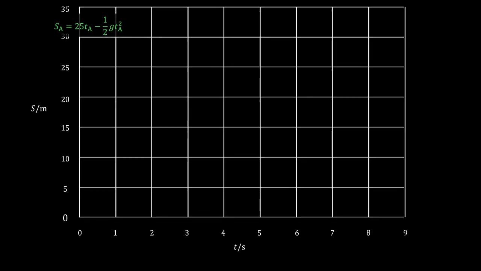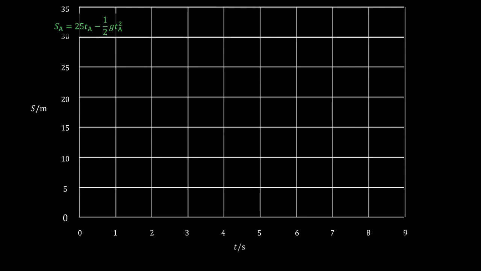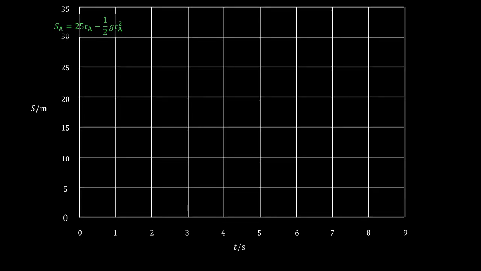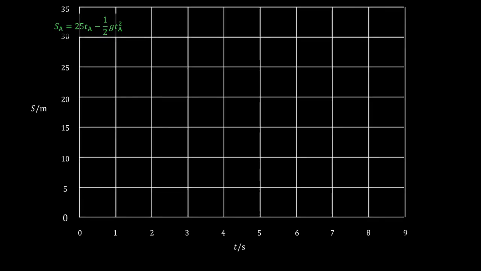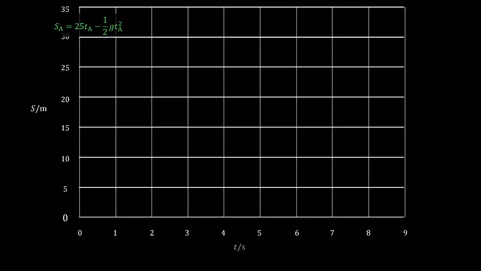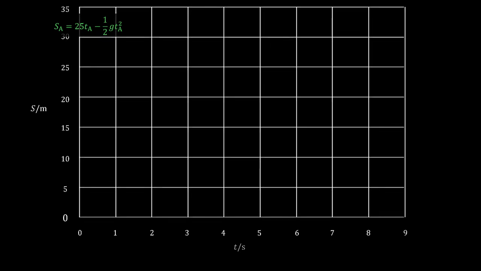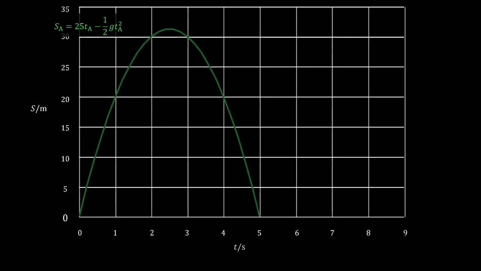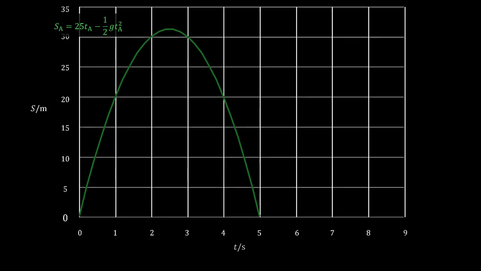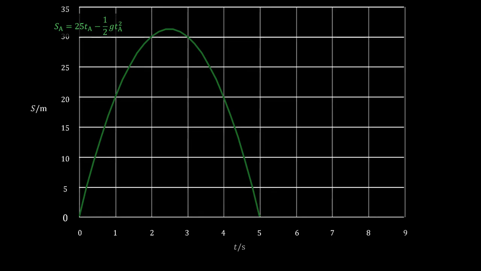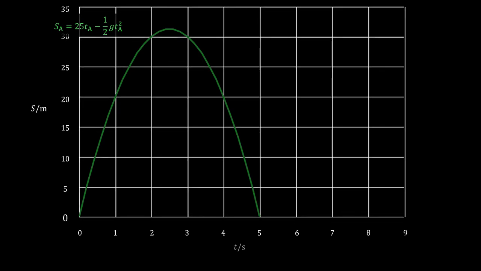If you look at this equation, it is simply a quadratic equation with a maximum, because the coefficient of T_A squared is negative. So this is the quadratic curve for ball A, which represents the variation of the displacement from the point of projection with time.